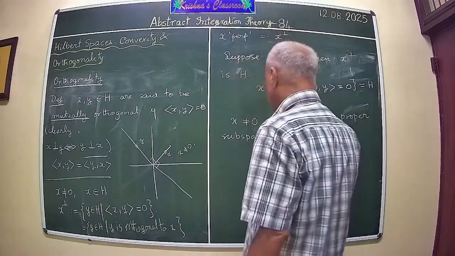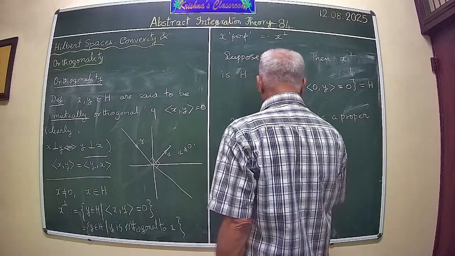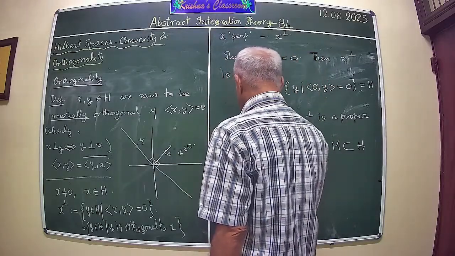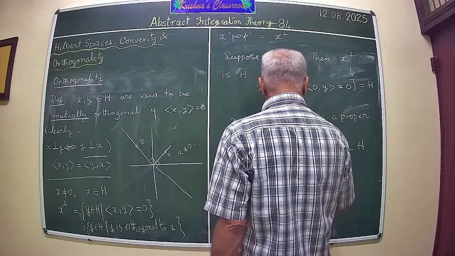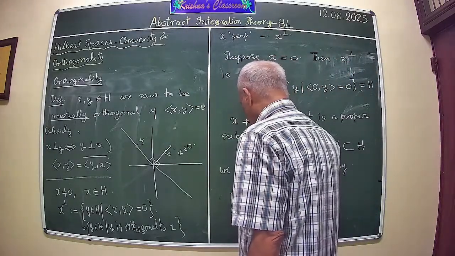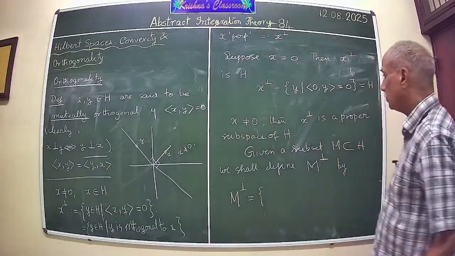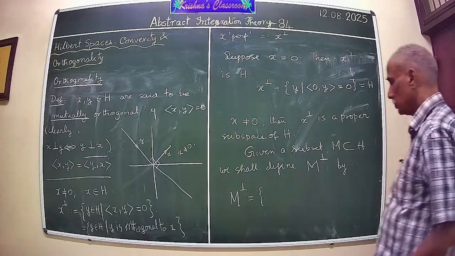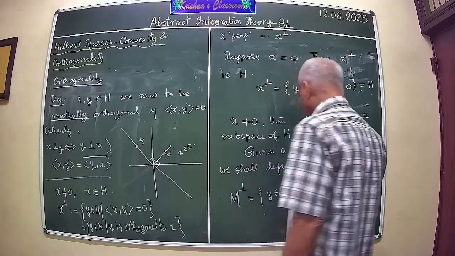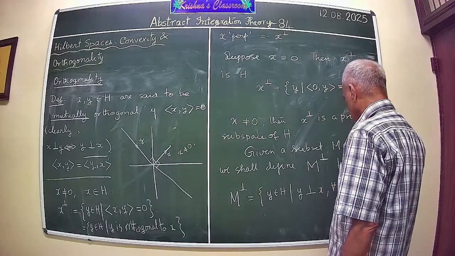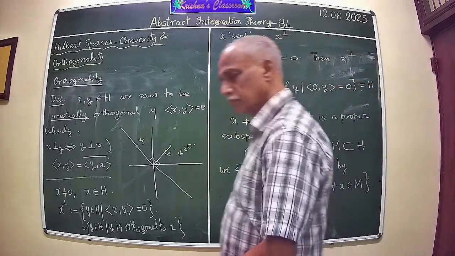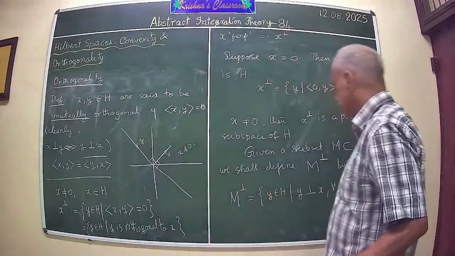So we shall define, given a set M, the set M perp to be the set of all y belonging to H such that y is orthogonal to x for every x belonging to M. So what is this actually?